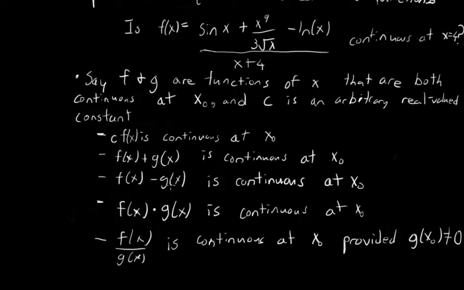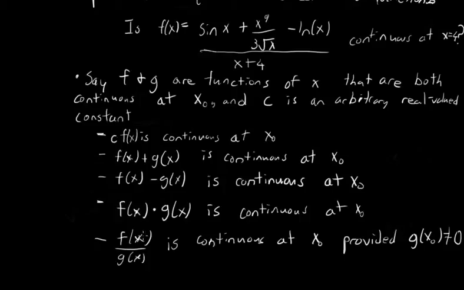So if we know that, say, f of x and g of x are continuous at x equals 5, we know that f of x minus g of x is also continuous at x equals 5. And we can make a similar statement about the product. So we know that if f and g are both continuous at x equals 5, we know the product is also continuous at x equals 5.